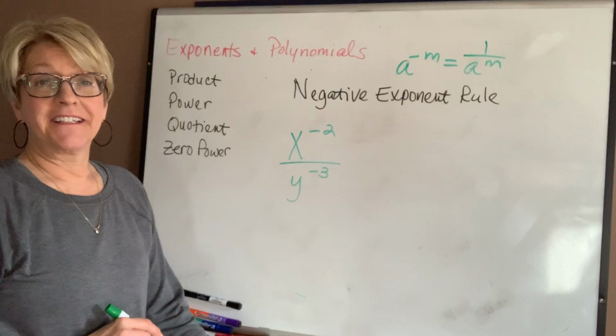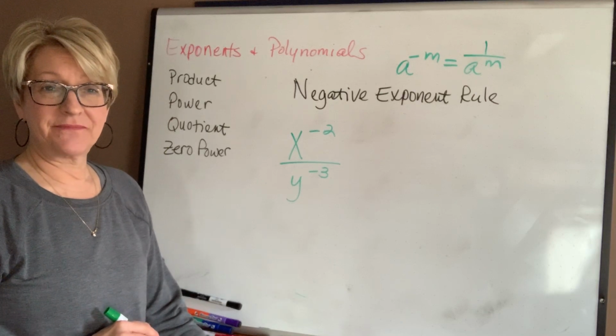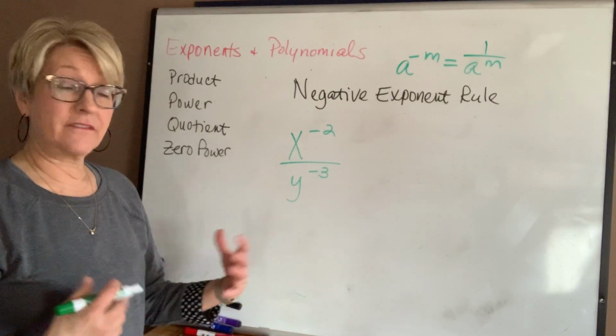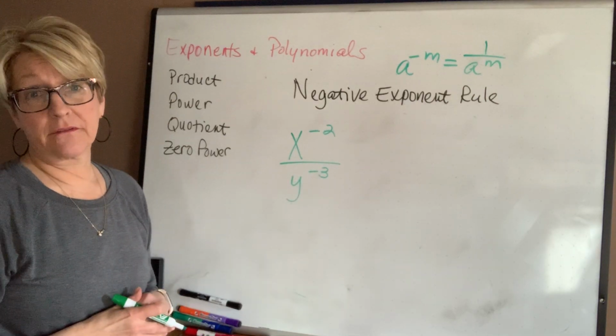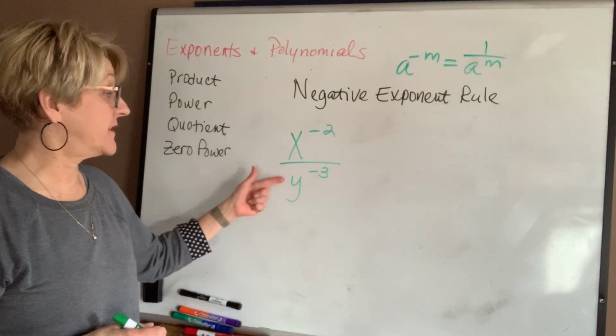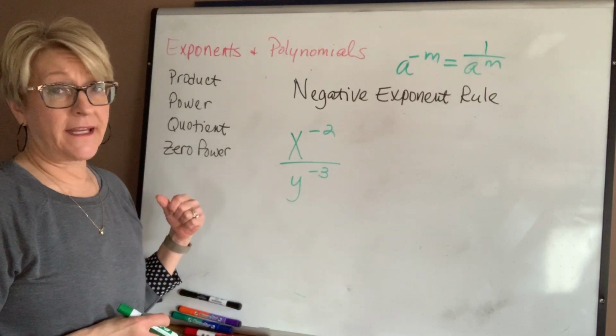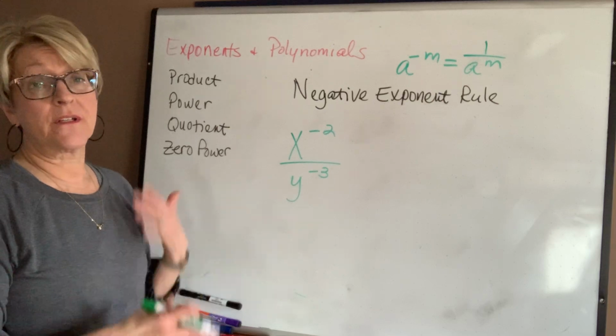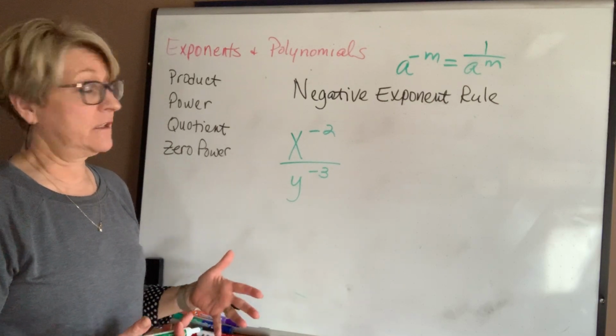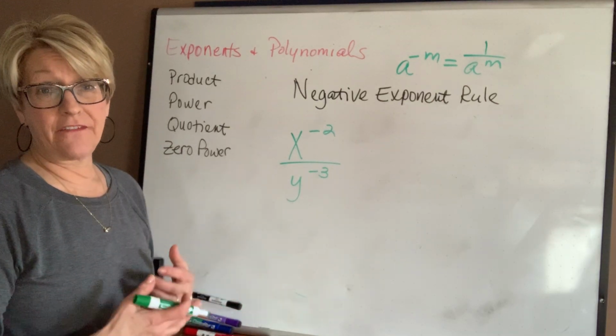Yeesh. All right, what do we do with this? Let's take it apart, okay? First of all, I cannot use the quotient rule here. How come? I do not have the same base. So I cannot subtract my exponents. What I have to do is rewrite this fraction without negative exponents.